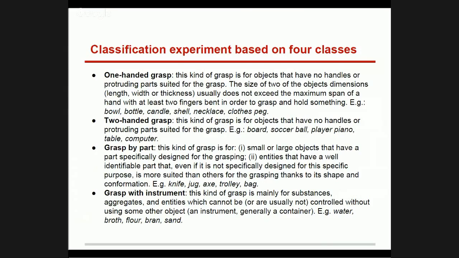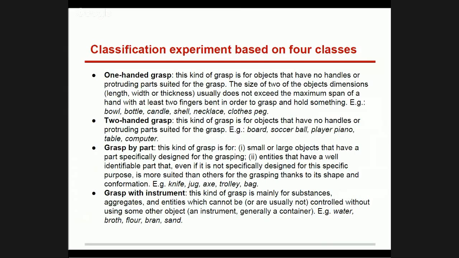Sometimes we need 2 hands, and sometimes we can grasp by part, and sometimes we need an instrument. This classification is based on psychological studies and is used in cognitive robotics to model the way robots can learn automatically to have expectations about what they see.